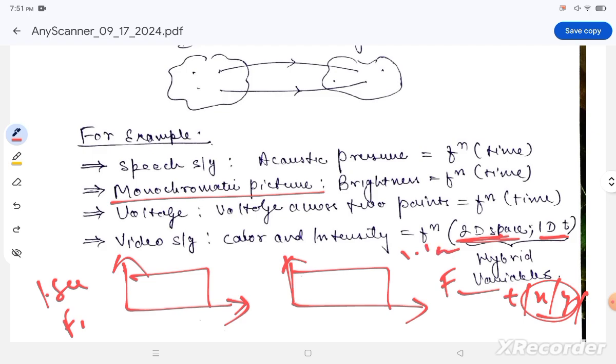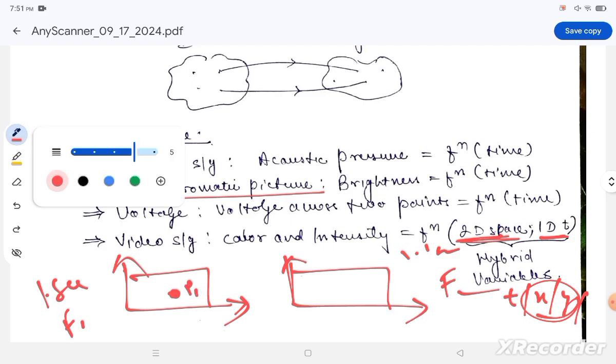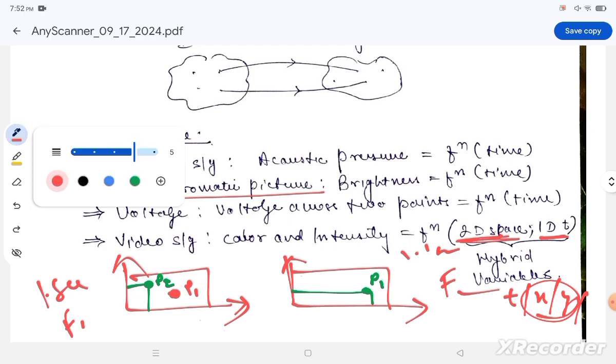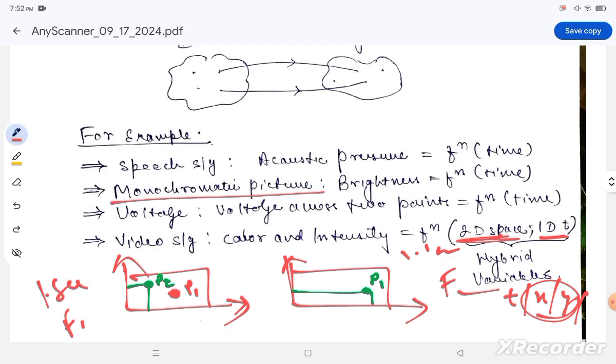You can see a pixel here, and at another place you can see p2, pixel 2. But after some time this p2 has moved to this place, and this p1 has moved to this place.